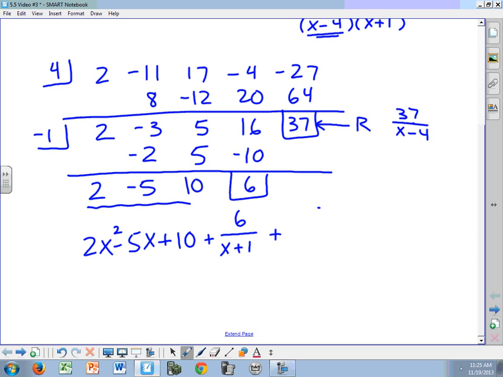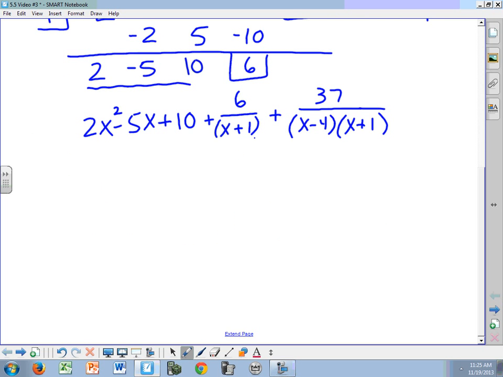And then the second part, the 37, we're going to say was a remainder with x minus 4, but we also want to divide that by x plus 1. So we have to kind of instill an additional division there by the x plus 1. If we can bring these two fractions together, we should be able to take care of business.